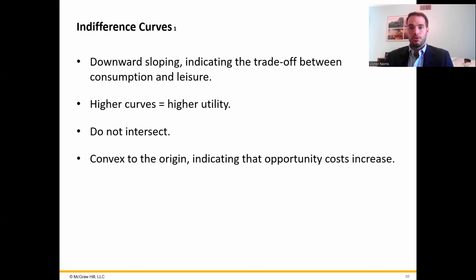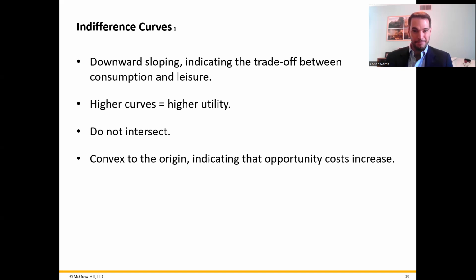So the more consumption or the more leisure you have, the more utility you're going to have. So the farther out the curve is, it reflects the more consumption or more leisure or more of both that you can do.